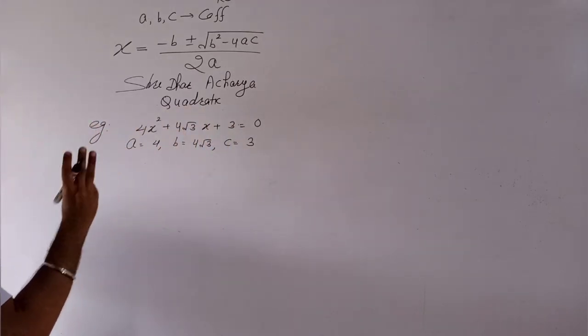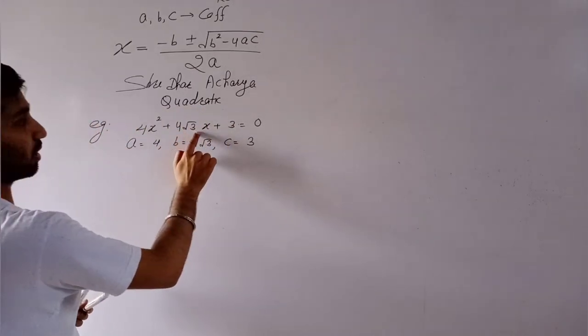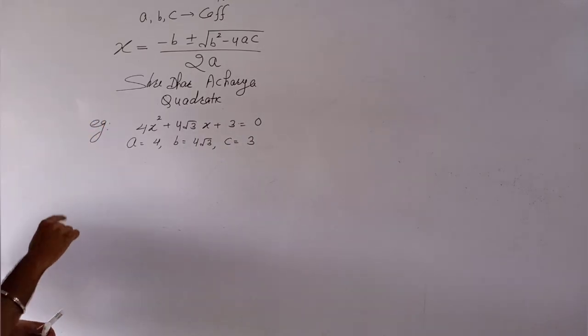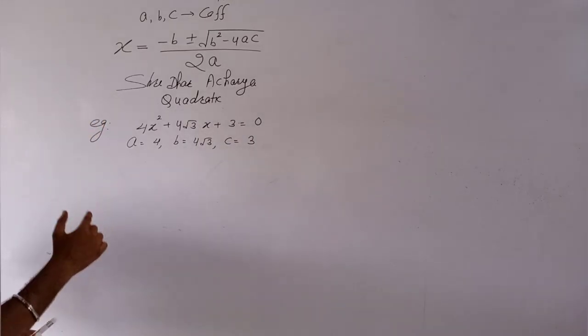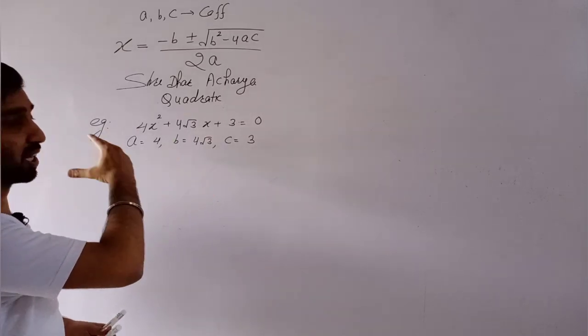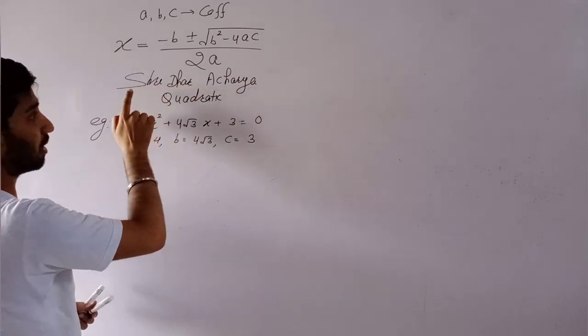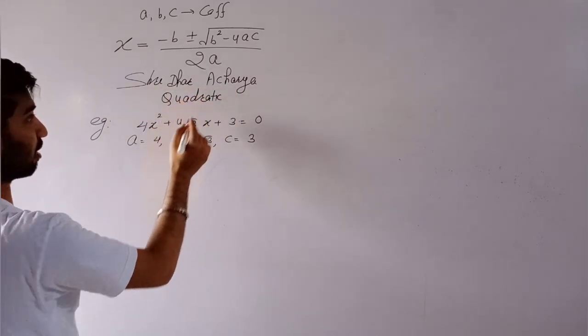We have three methods to solve this quadratic equation. First, factorization method, second, perfect square method. These two methods we have discussed in our previous video lectures. In this video lecture we will discuss our third method, known as Sridharacharya or quadratic formula.